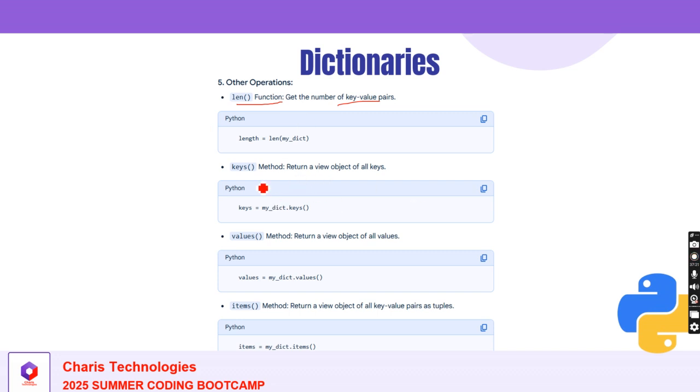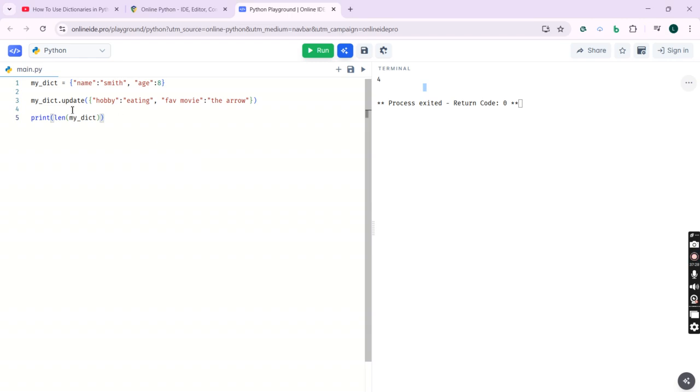So keys, now these keys return a view object of all keys. So let's do that. Let's print key equals to my dict dot keys, print key.